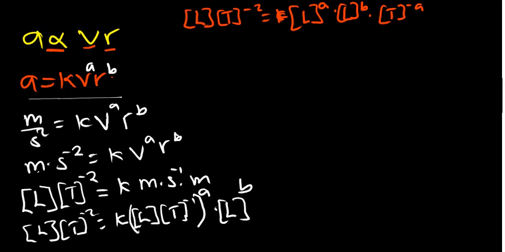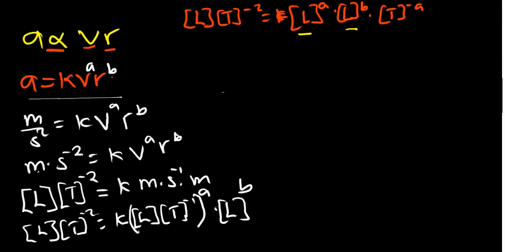Now from here, we are going to compare. If you know the indices, if you have x times x, this is to a power 1 and this is to a power 1, so you just add the powers, meaning it's going to be x to a power 2. So now here we have the same bases, the length as well as the length.